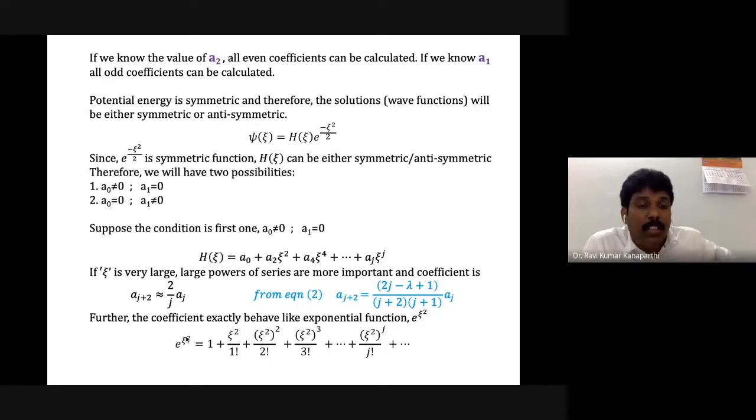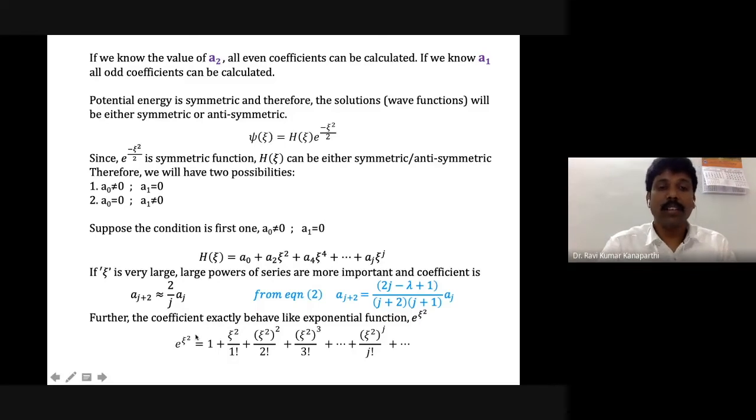That is aj plus 2 is equal to 2 by j aj. My claim is that this mathematical function will exactly behave like this recursion relation. Okay, now I can prove that, and to convince you, let me do that.